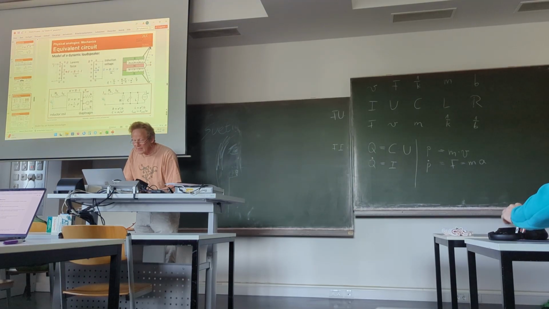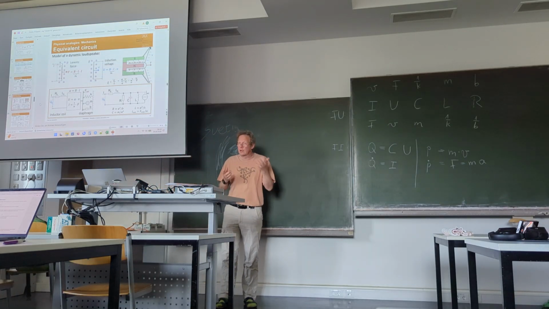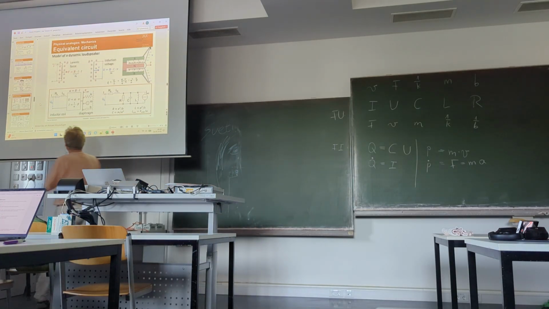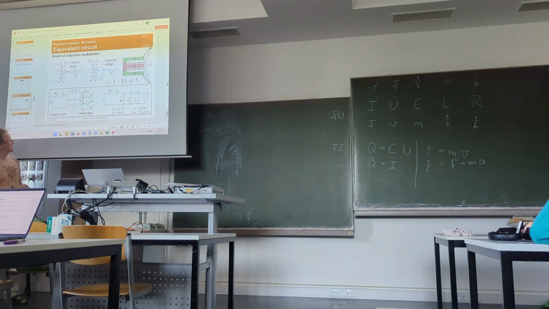Back to see that our loudspeaker here is a coupled system. Normally a loudspeaker is just a long coil around a magnet, and it should just have the property of a coil. That means inductivity and maybe an ohmic resistance.